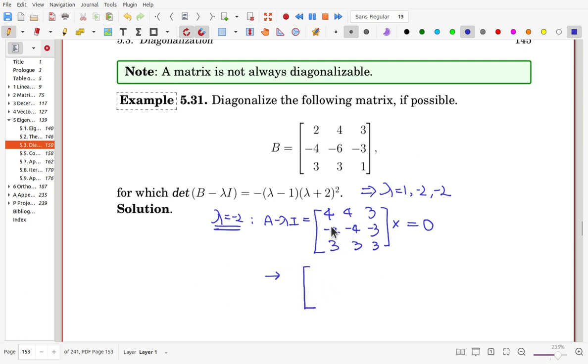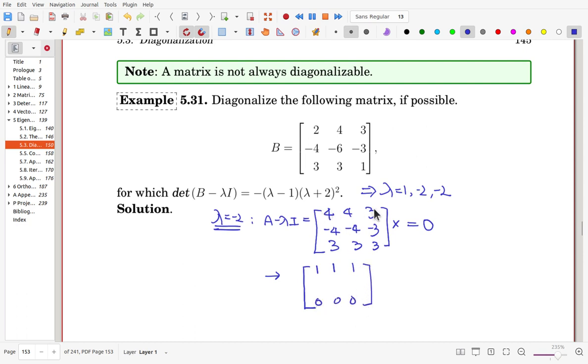After subtracting, we can eliminate this one, and this is 1, 1, 1 after scaling. Now, for example, we can write this one first, 1, 1, 1, and for that one, it's 0, 0, 0.